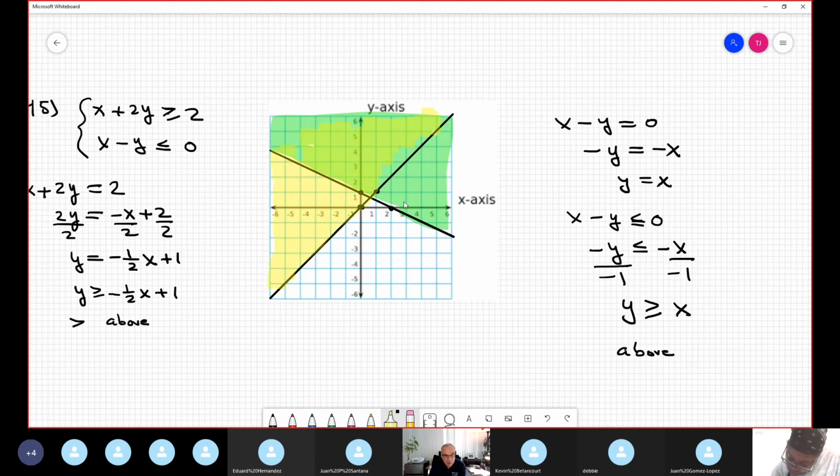And the common part in between yellow and green is this part. I guess so. Okay. In my opinion, this is exactly the same as the option.